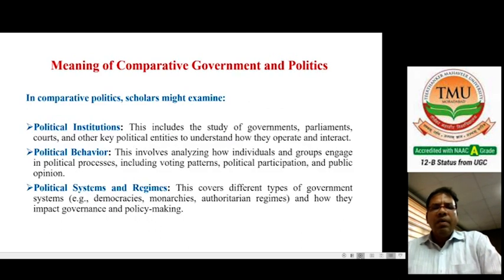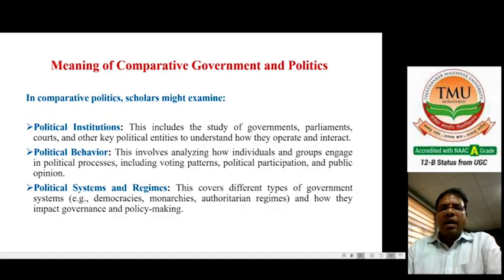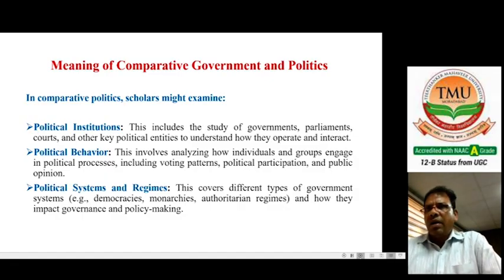Now come to the important things related to the meaning. That means they have different kinds of political institutions. This is very important: political institutions include the study of governments, parliamentary systems of government, courts, and other key political entities, to understand how they operate. That means in any country there are different kinds of institutions.